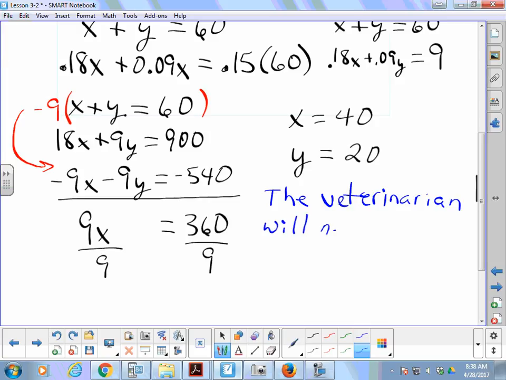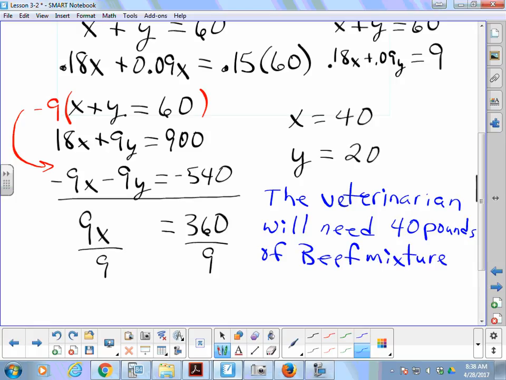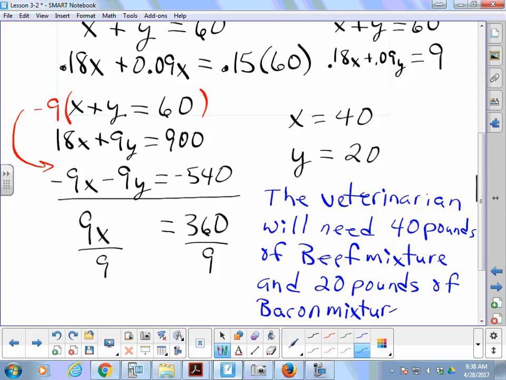Will need 40 pounds of beef mixture and 20 pounds of bacon mixture. You've got to finish that off with a sentence that explains what it means.